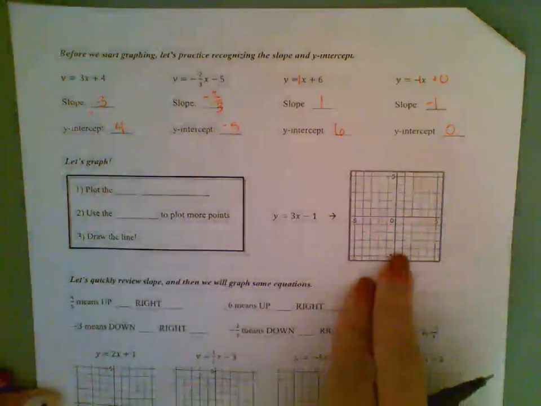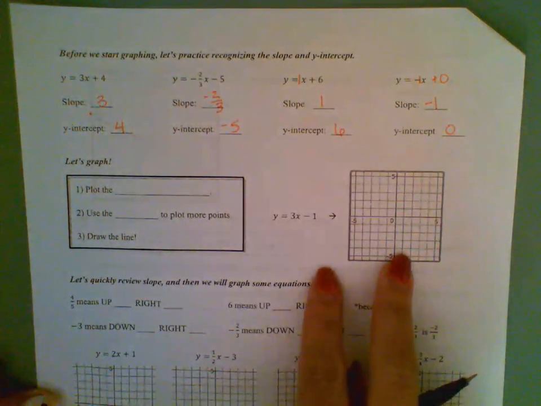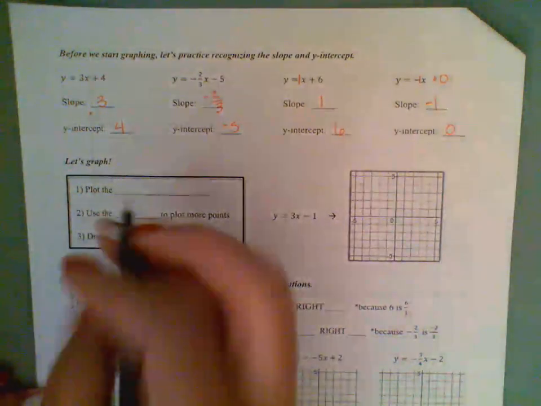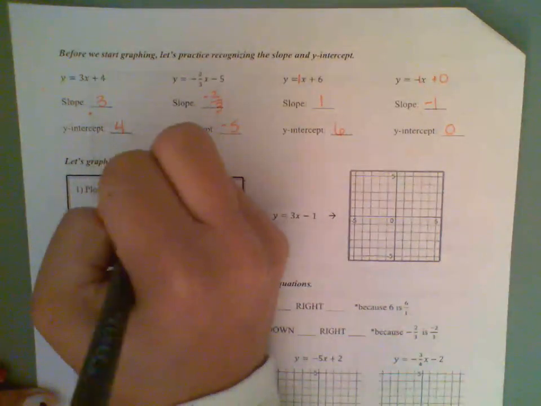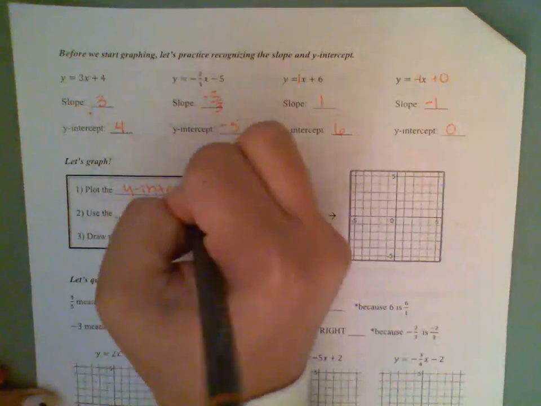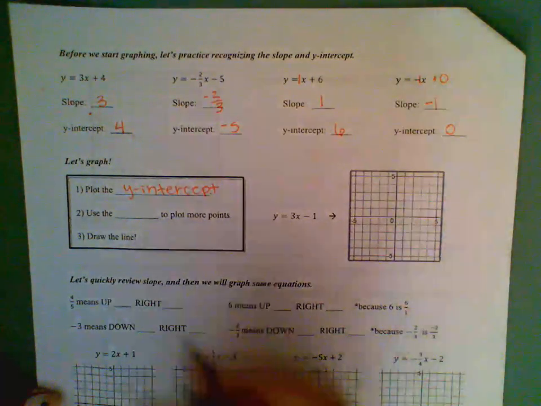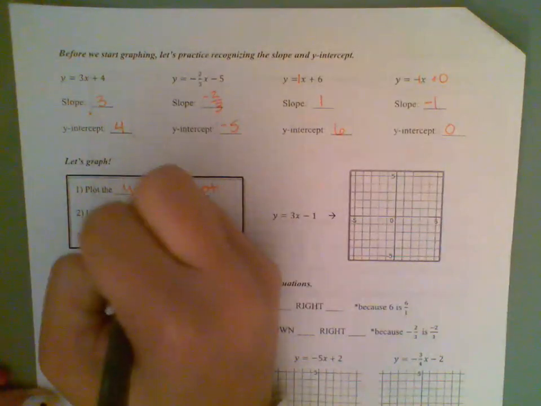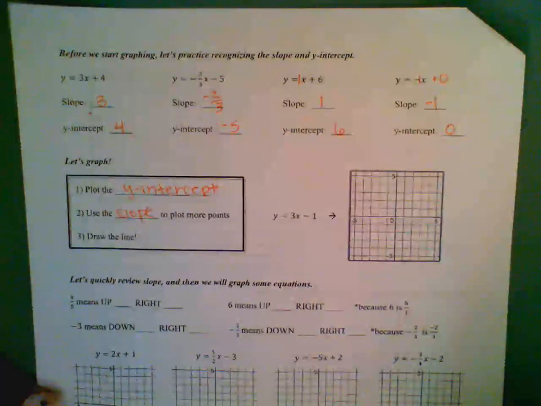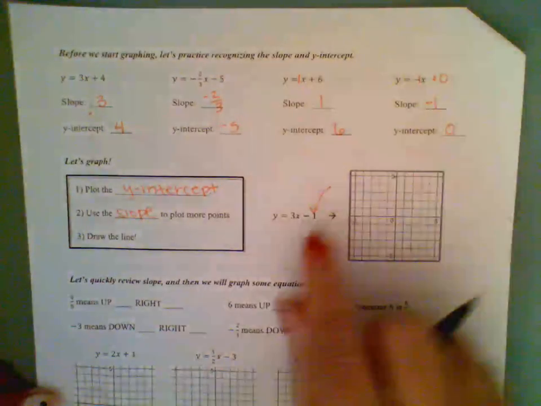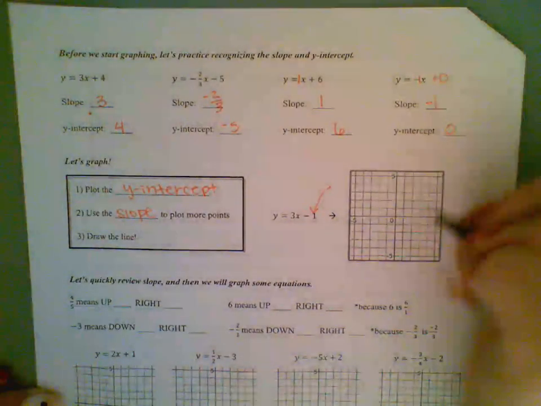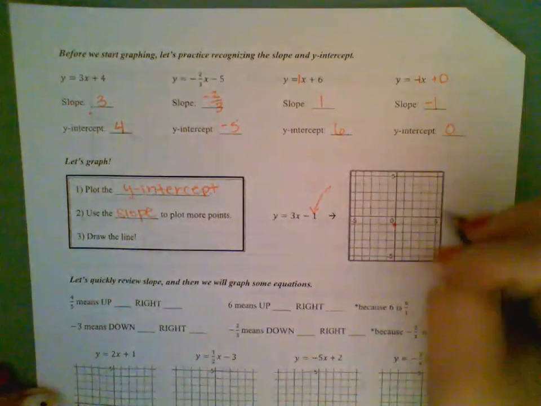So let's graph. This is the quicker way than making a table. First, we're going to plot the y-intercept, and then we're using the slope to plot more points. My y-intercept is right here, which means I have to go to -1 on the y-axis.